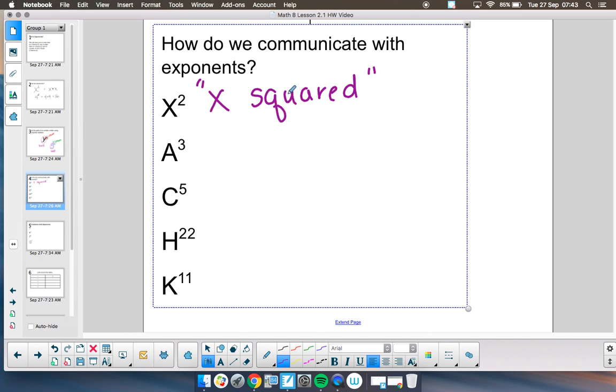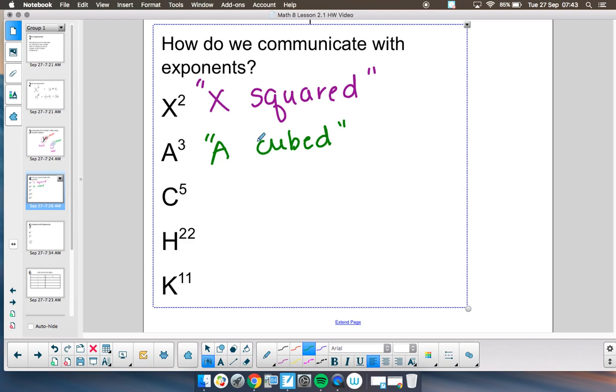So this is what we like to say, x squared. And when we have something raised to the third power, often we say x, or a in this case, cubed. So you can practice using those words. You'll get more used to them the more you use them.